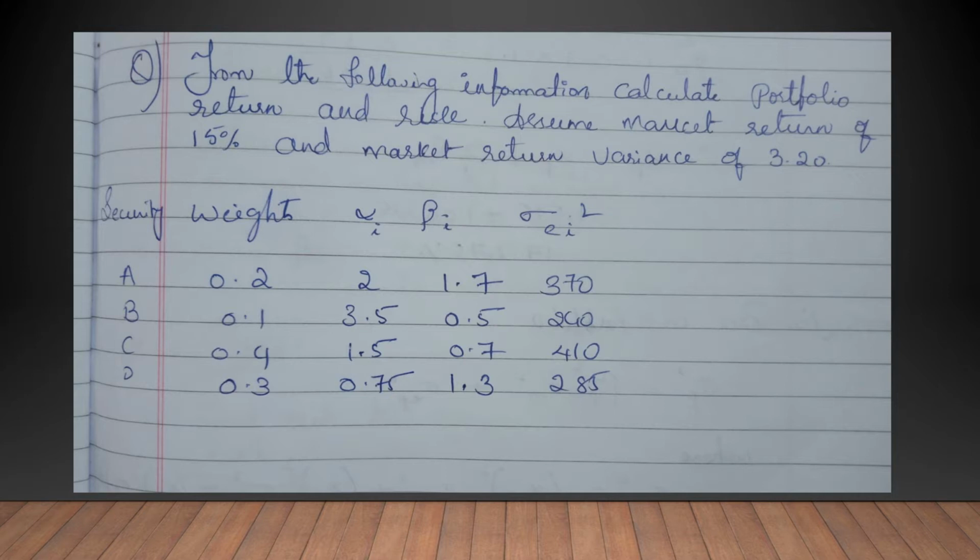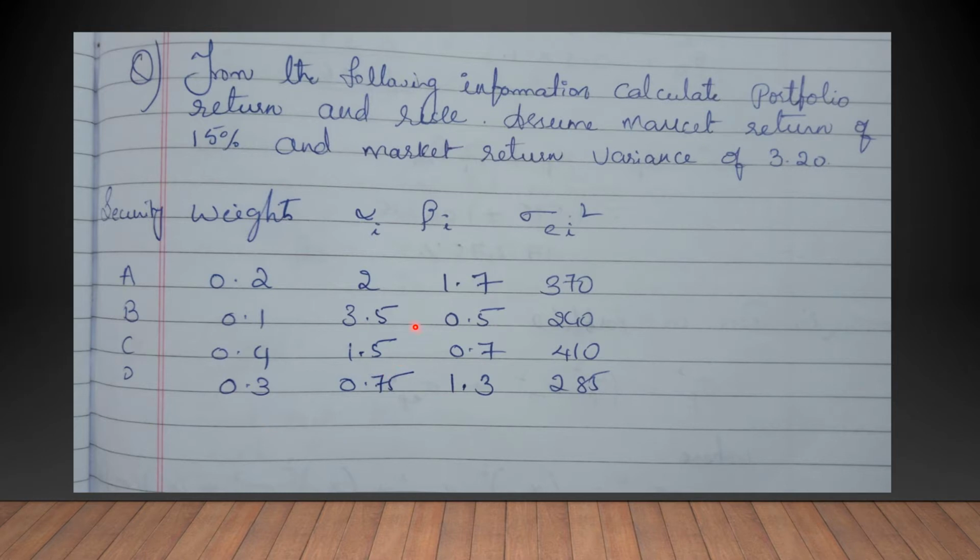So first head is security, then we have weights, then alpha i, beta i, and standard deviation ei square. So we'll see here we have different securities, that is 4 securities: A, B, C and D, and their weights are given.